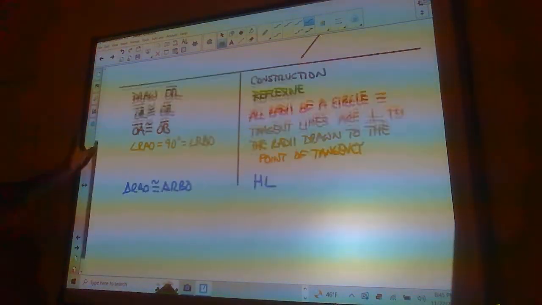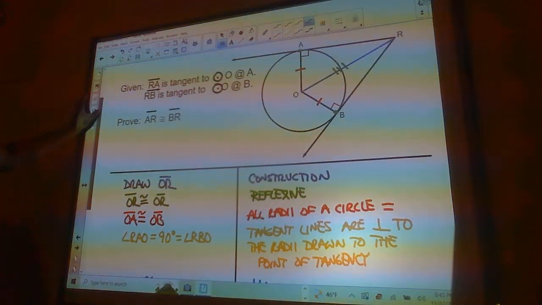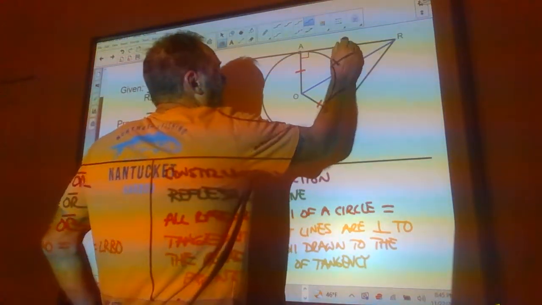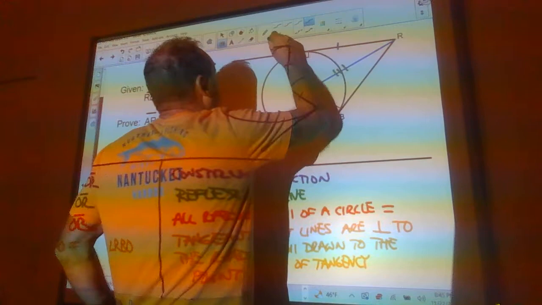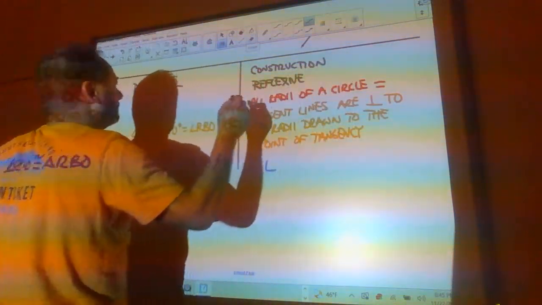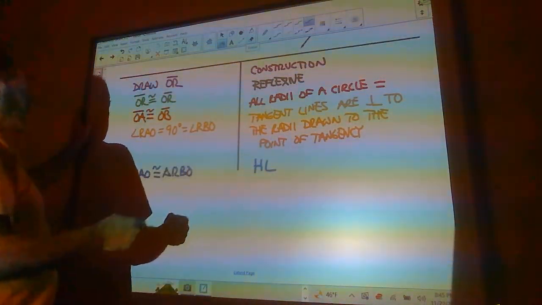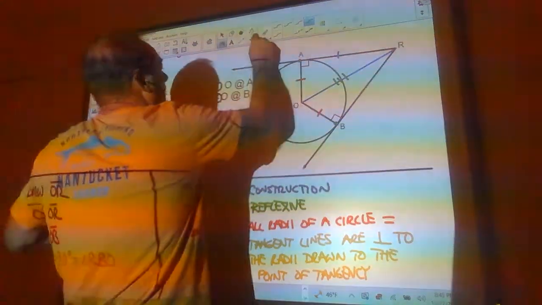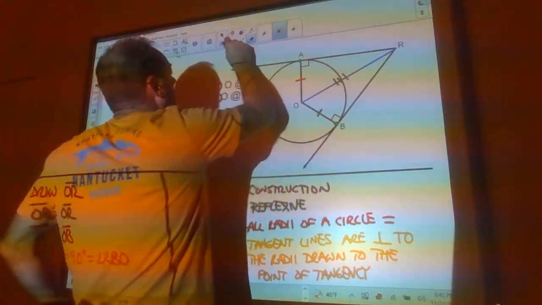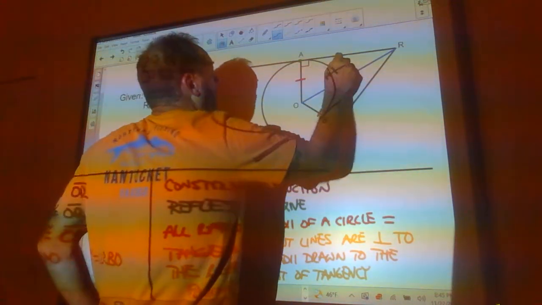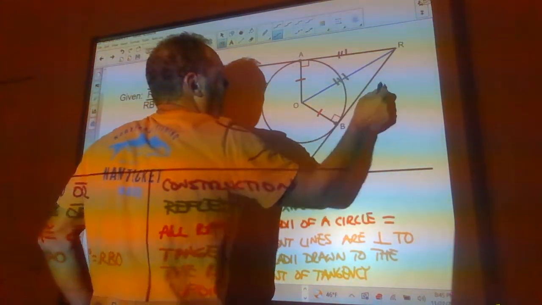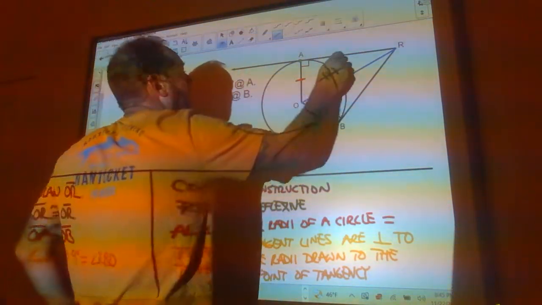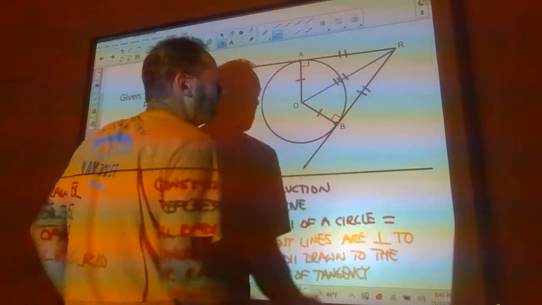Now if the two triangles are congruent, all of their parts are congruent. So that tells me that AR is congruent to RB.